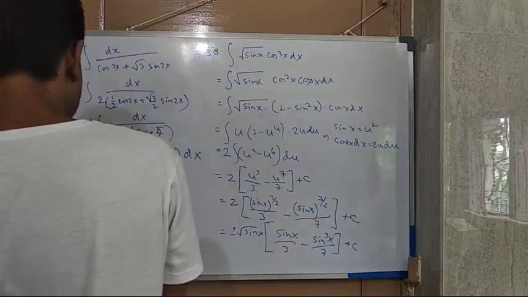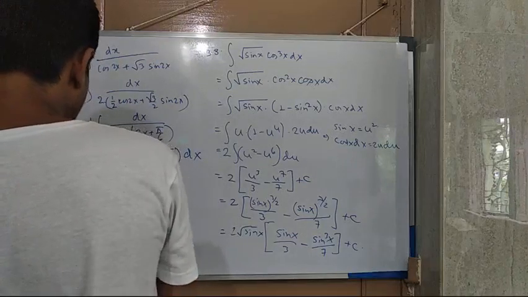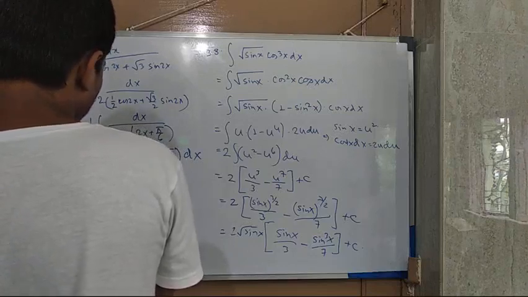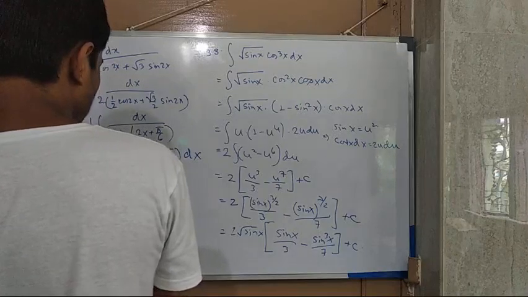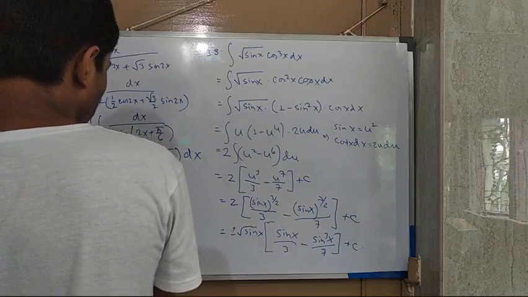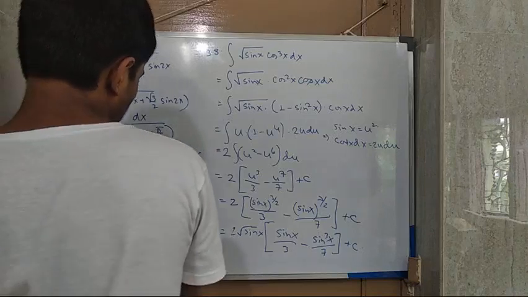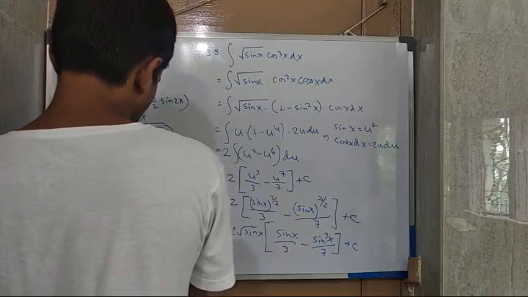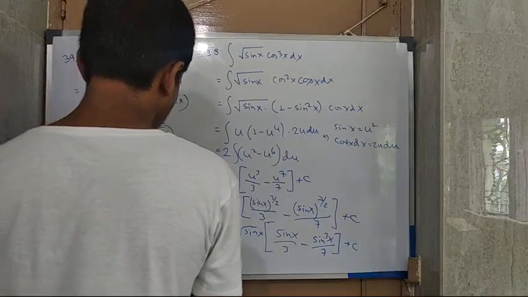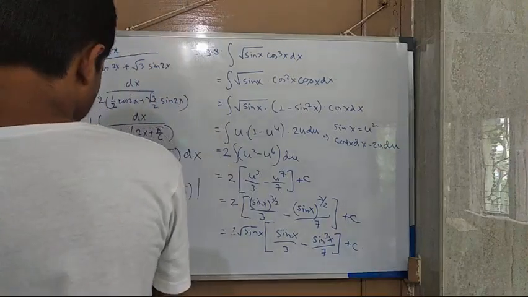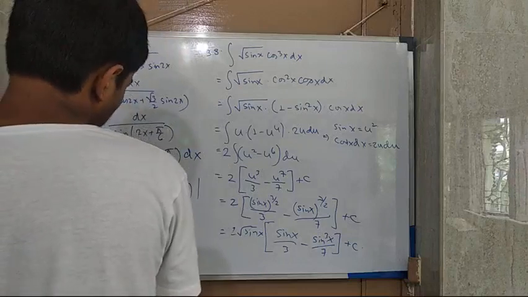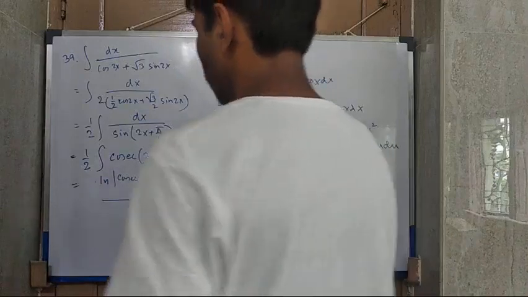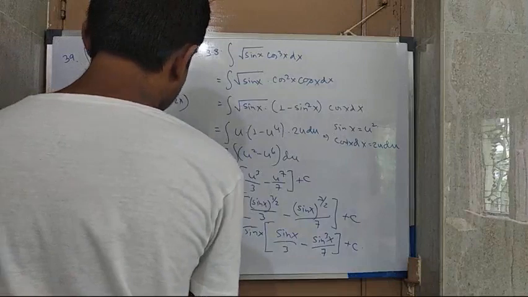and that is half times ln of, this is actually, yeah, ln of cosec 2x plus pi by 6 minus cot of 2x plus pi by 6, divided by 4 actually, because the 1 by 2 comes from here and 1 by 2 comes from here, so divided by 4 plus c.